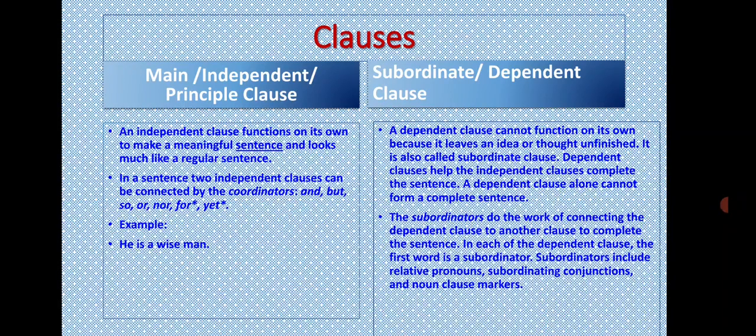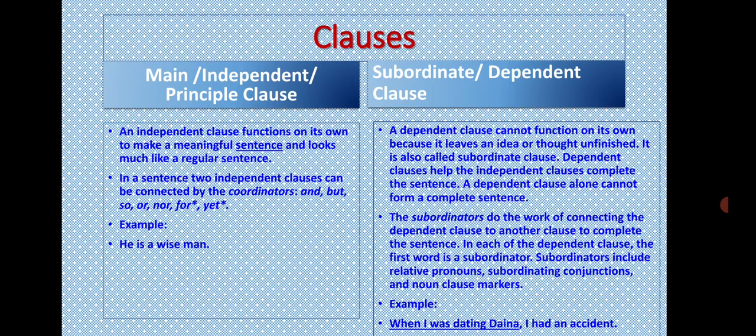Subordinators do the work of connecting the dependent clause to another clause to complete the sentence. In each dependent clause, the first word is a subordinator. Subordinators include relative pronouns, subordinating conjunctions, and noun clause markers.